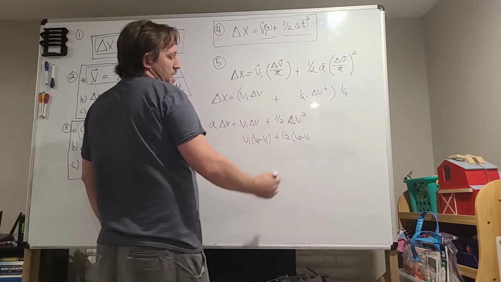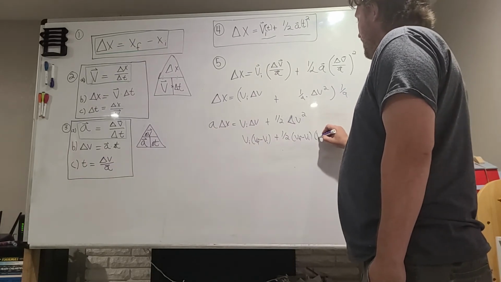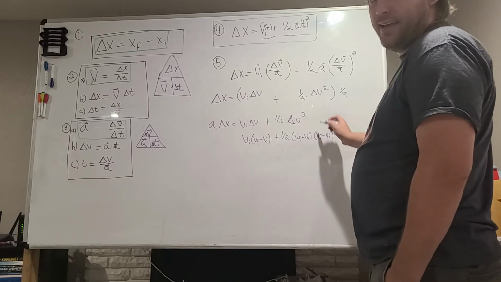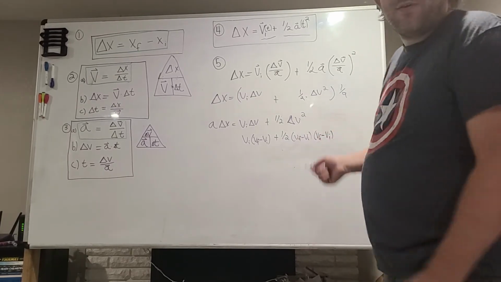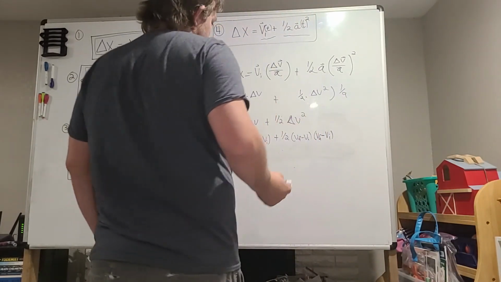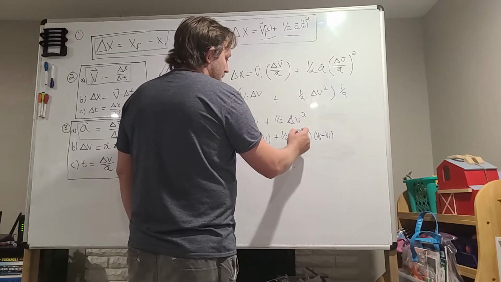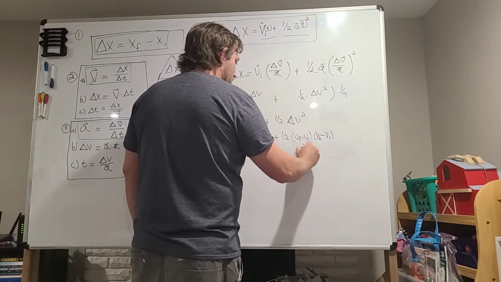Well, because it's squared, I'm going to write this twice, v final minus v initial, and we have to then have this binomial, right? We have to multiply, we have to do the whole thing we normally would do in a quadratic situation. So I'm going to simplify this. V final times v final becomes v final squared.